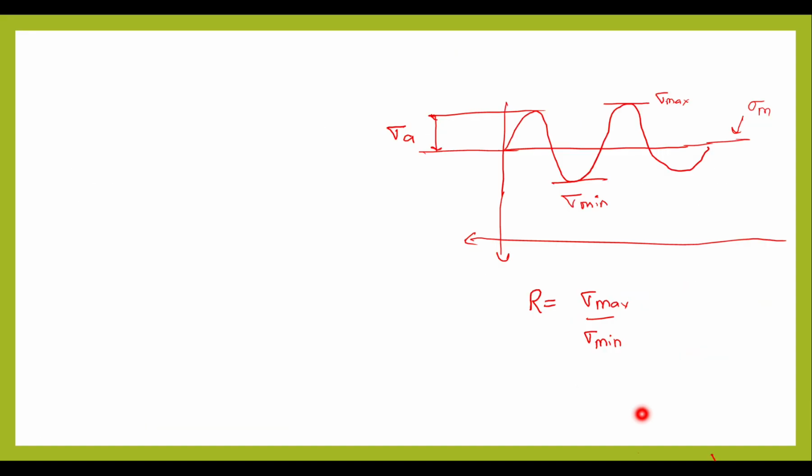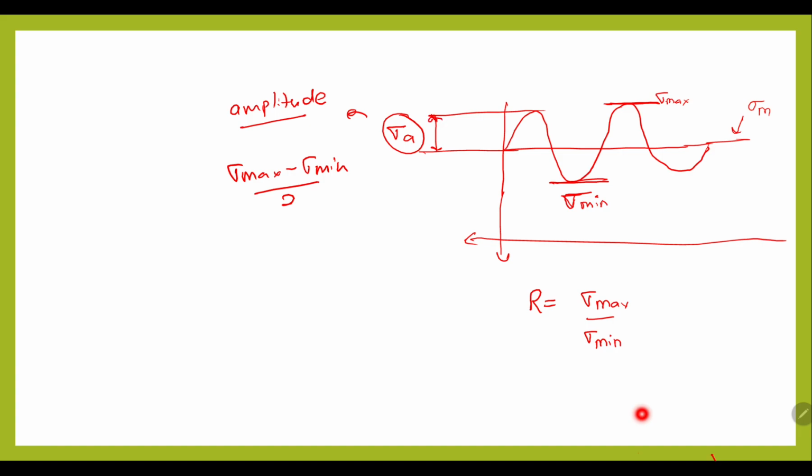So now we'll briefly discuss the different terms associated with this repeated loading in the fatigue test. This is a sine wave, and here we are showing the different stresses. First one is the minimum stress, second one is the maximum stress, and then we define a term called stress amplitude. This stress amplitude is sigma max minus sigma min by 2.